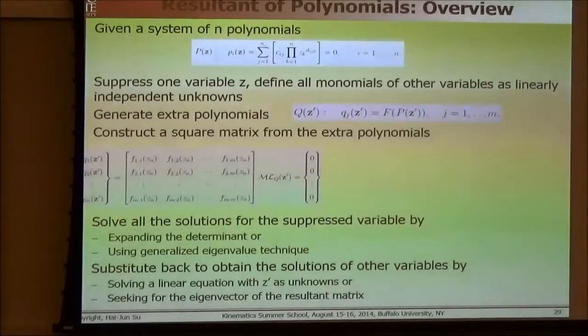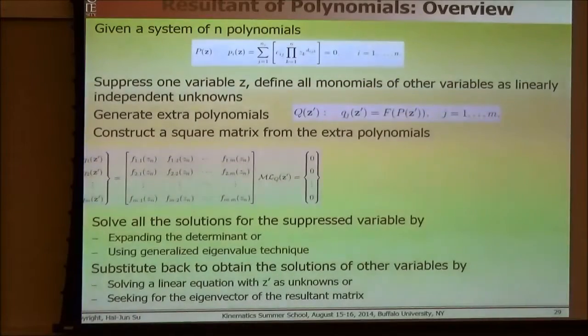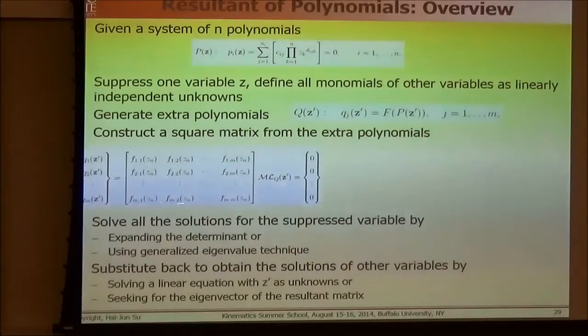Okay. And then once you have that, you're mostly done. Then you can program this matrix in your computer software. From here to the left is linear algebra, which you can convert to a general eigenvalue problem, and you can use linear algebra to solve the rest of the work.